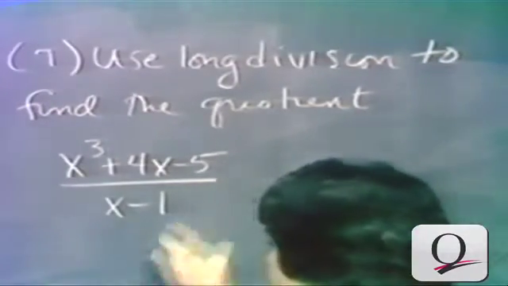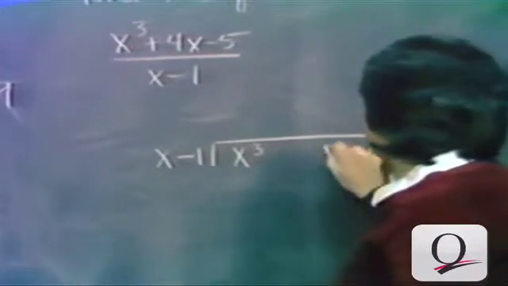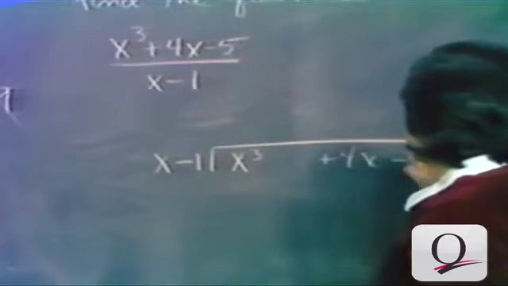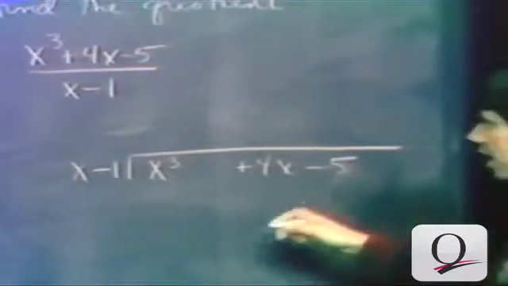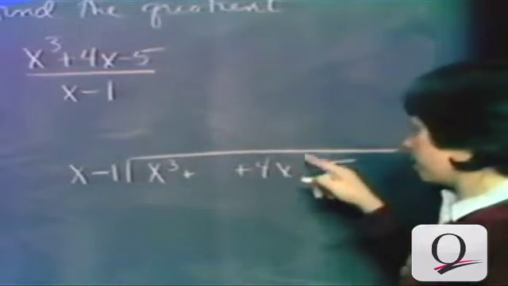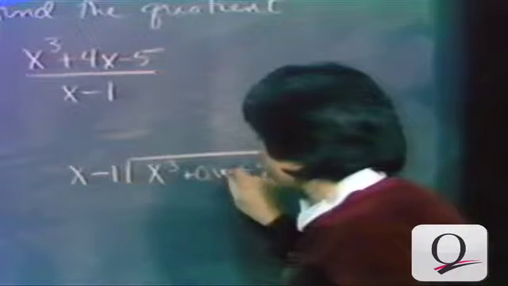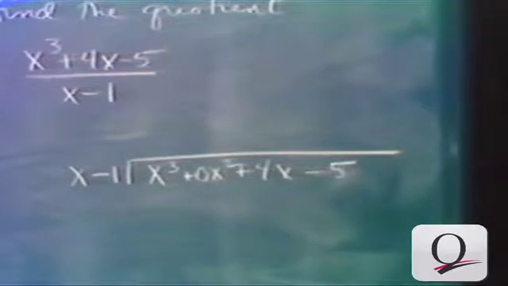This means x minus 1 goes into x cubed plus 4x minus 5. We want to make sure to write these terms in descending order and to leave place for every term. If we have an x cubed, and this is an x to the first power, let's put in a 0x squared as a placeholder so that everything will line up nicely.